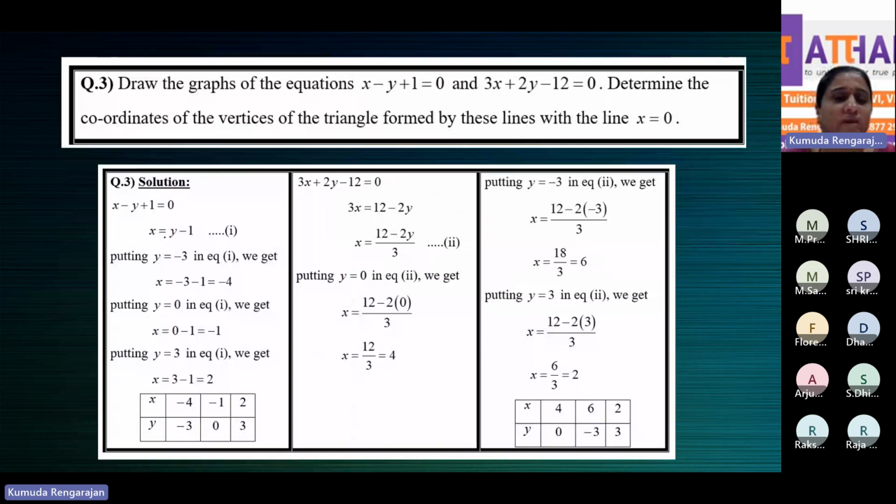Now, x is equal to y minus 1. You can give any value. Don't take very large values like 100, 200 and all that. You can take simple values like 0, 1, 2, minus 1. Give any value for y and find the corresponding value for x. Positive value, negative, 0, anything you can take.